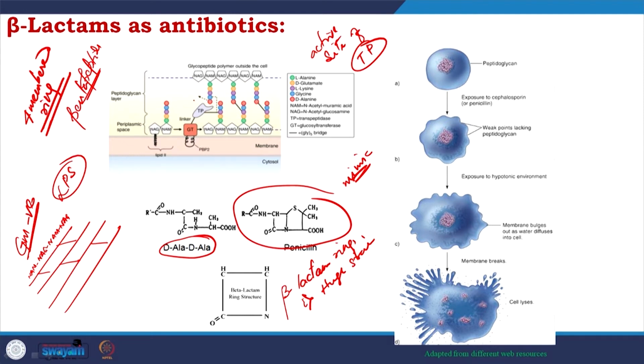What is the result? So, first thing is, because of the chemical similarity between DLA and penicillin or beta lactams, they successfully bind in the active site of the enzyme transpeptidase.